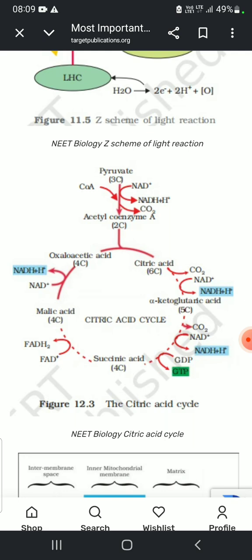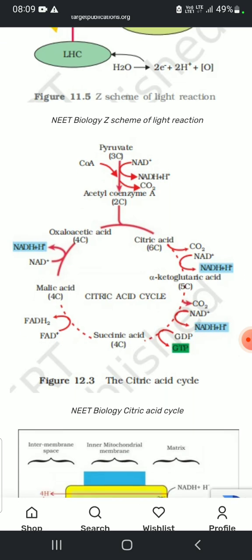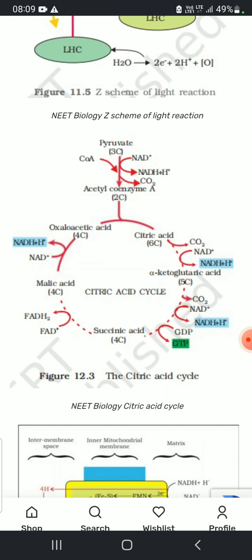Then citric acid gets converted into alpha ketoglutaric acid, 6 carbon to 5 carbon, and a carbon dioxide is released. So the first step of decarboxylation is citric acid converted to alpha ketoglutaric acid, and NAD plus is converted into NADH plus H plus.